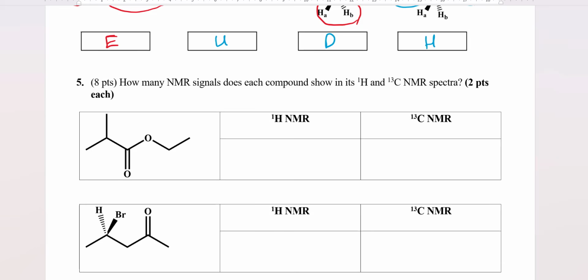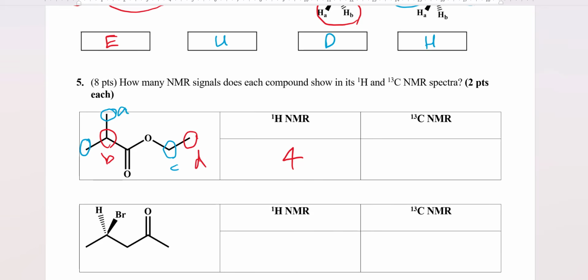For compound 1, this CH3 is attached to the CH and they're identical, so I call them A. Then this CH, B. Then this CH2, C. And then this CH3, D. So we see 4 different signals for H NMR.